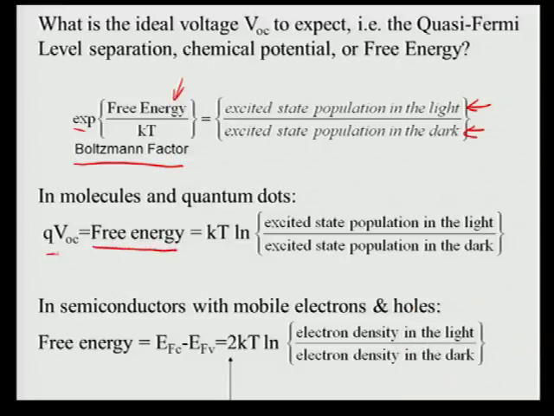The free energy is really just the voltage, and then I do a natural log of the probability ratio. I have a natural log here, and I have this kT. This kT carries over to the right-hand side. And that's it. That is the formula for calculating the expected voltage of a solar cell. It's the ratio of excited state population in the light versus the dark. If you know that ratio, you're in good shape.